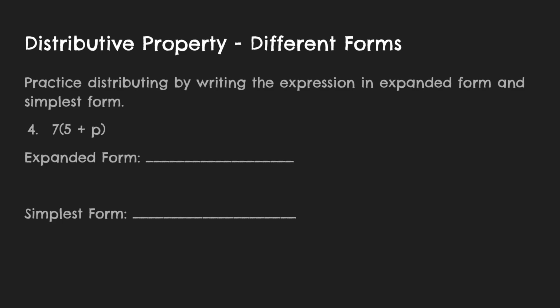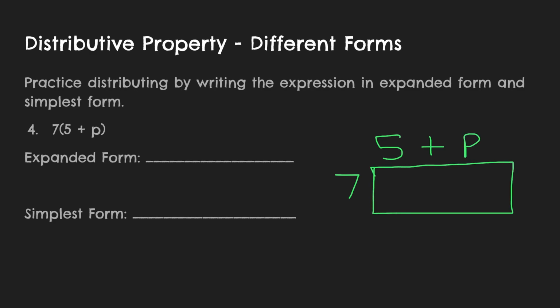All right, here we go. So I'm going to put 7 on the side. 5 plus p. I'm going to draw my little rectangle. Wherever there's an addition sign or subtraction sign, I'm going to put a line. 7 times 5 is 35. And 7 groups of p is 7p.